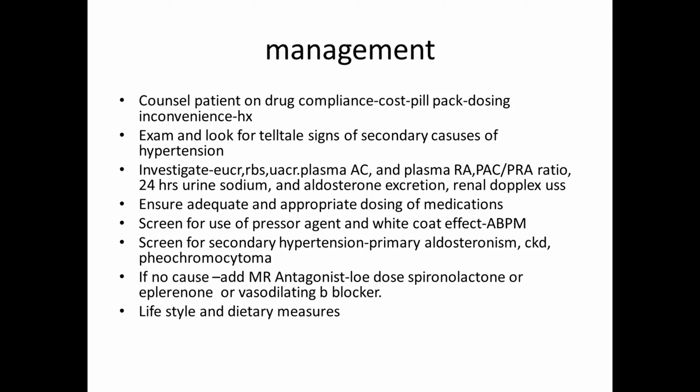And you want to look for secondary causes of hypertension, CKD, pheochromocytoma. Then if no cause, you want to add a mineralocorticoid antagonist. You can do low dose beta blocker as further measures to control this, discussing resistant hypertension now. And then, of course, lifestyle and dietary measures, ensure they are enforced.